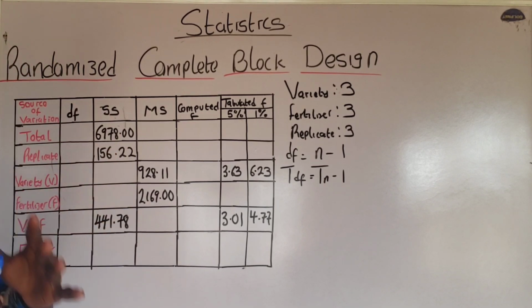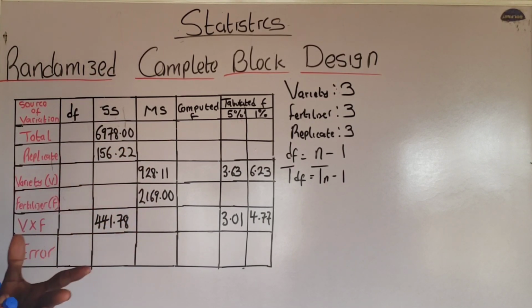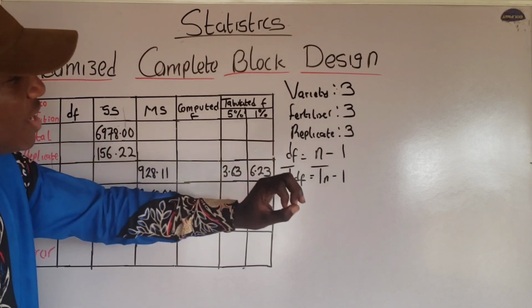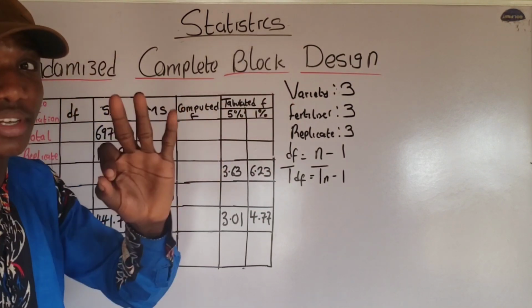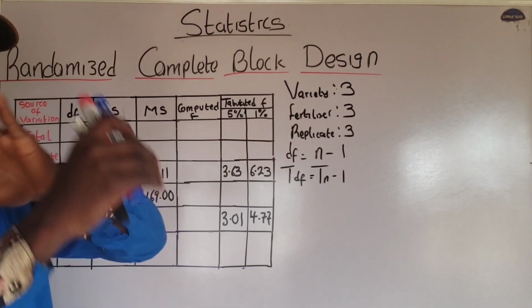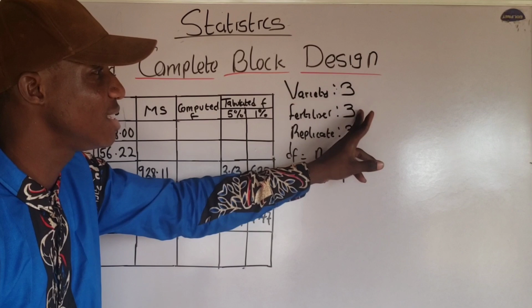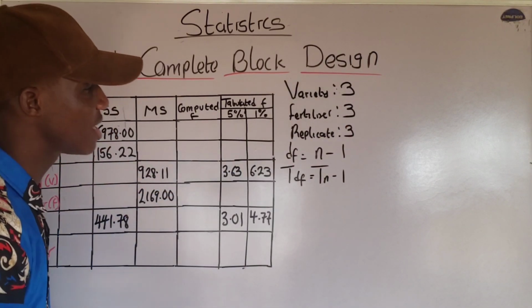Replicate simply means the number of times the variety repeats itself. Look, how many varieties do you have? 3. How many fertilizers? 3. How many replicates? 3. To get the total number of samples, all you have to do is take the product of these.